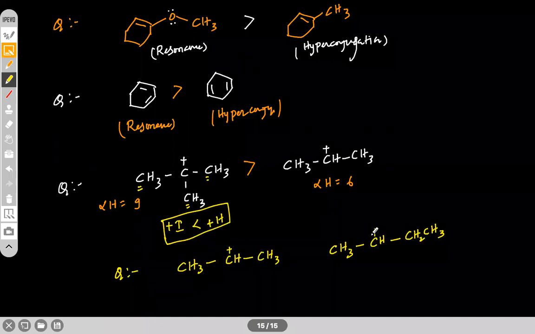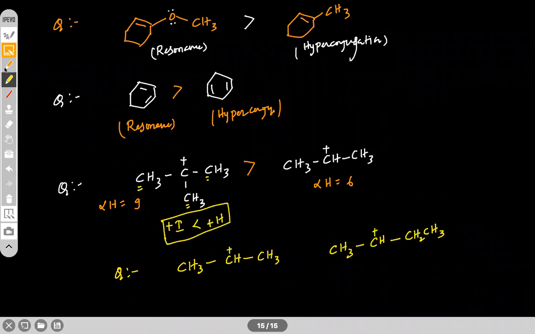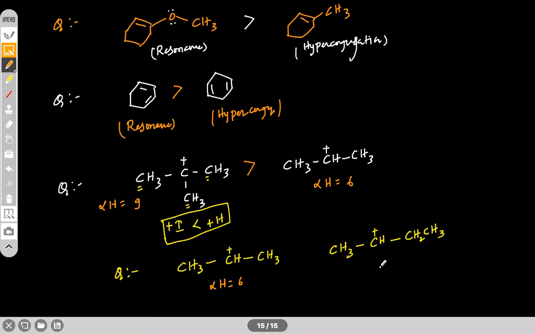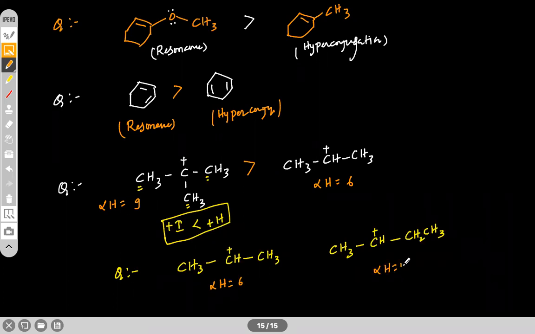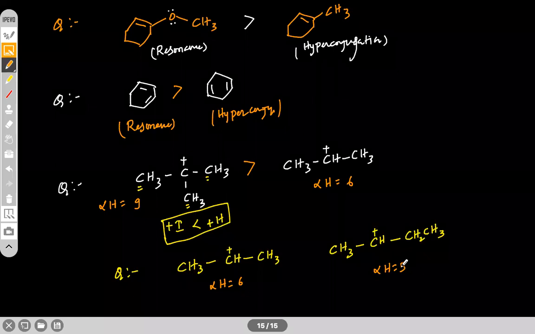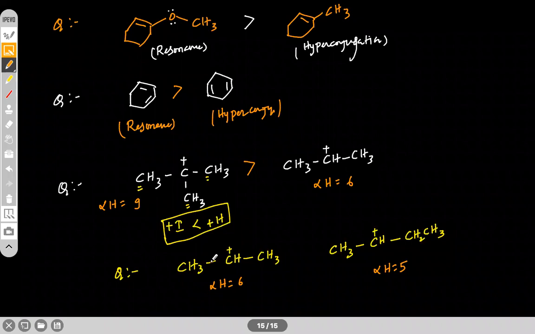Why A greater than B? Right. So obviously we'll use hyperconjugation. The number of alpha hydrogen here is 6, and here it is 5. If you think of I effect here, we have plus I of methyl, plus I of methyl, and here we have plus I of ethyl. So plus I of ethyl is more than that of methyl.